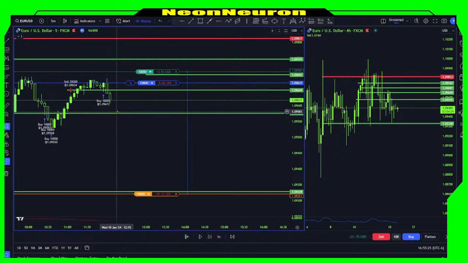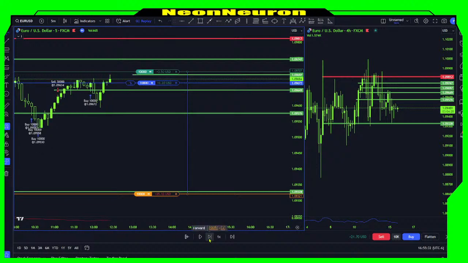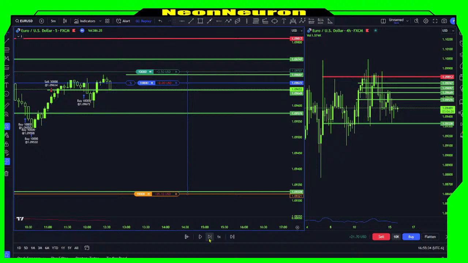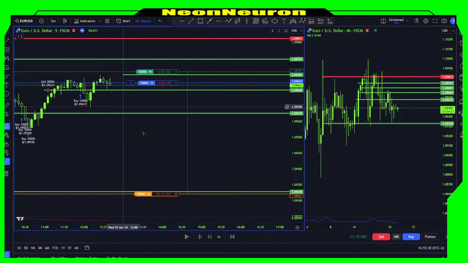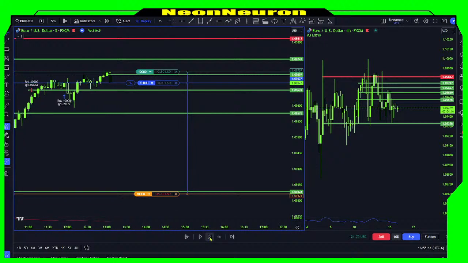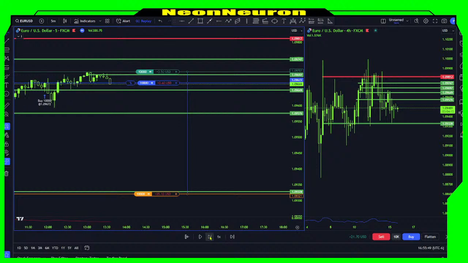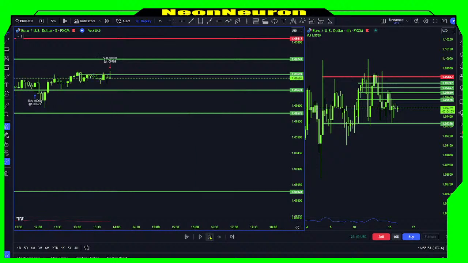If it comes back to here, we'll buy some more. If it doesn't, we won't cry about it. All right, so it's bounced off again. Wait for it to hit. Doesn't look like it's going to hit, but it does look like it's going for the next target. Bam, hit it.